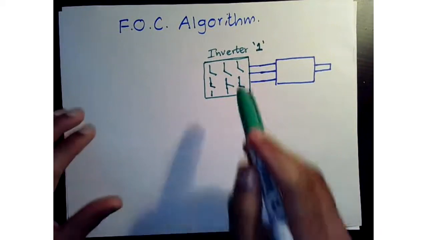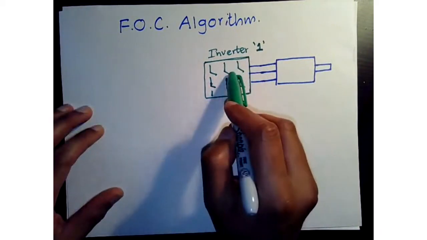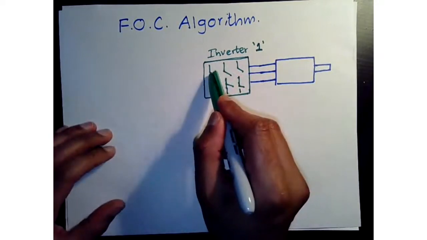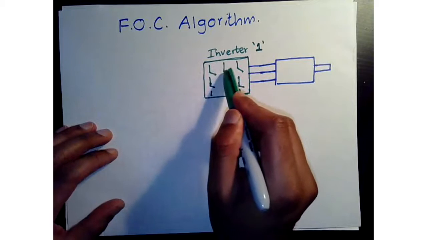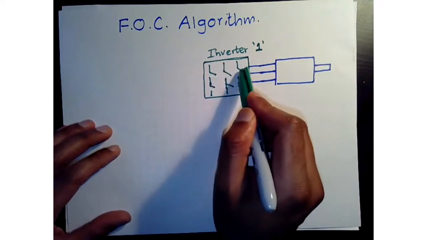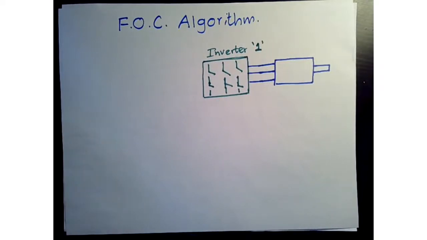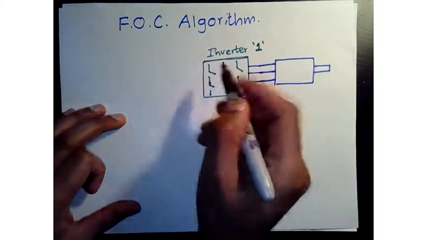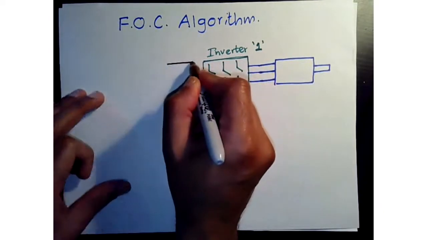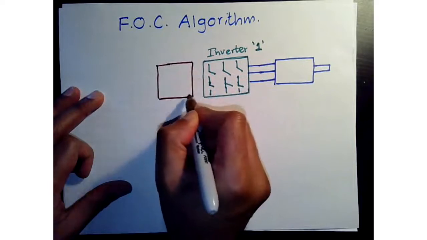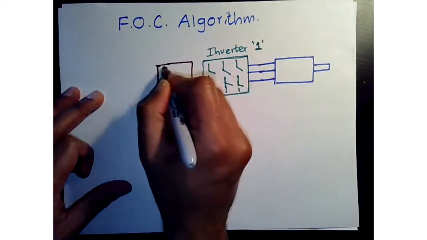In order to generate these PWM signals, we need to say how much PWM for A, how much PWM for B, how much PWM for C. So in order to say what signals go into each of the legs, we have a modulation strategy.